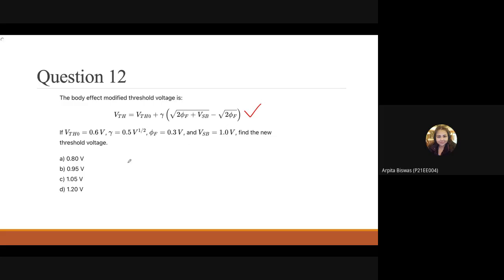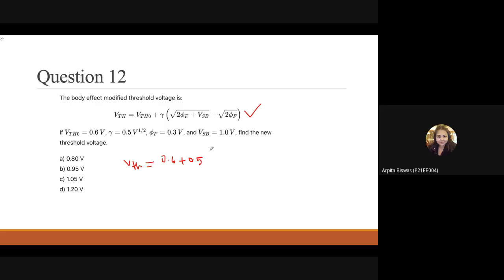Just check the calculation. I'm writing the equation here. This VTH I have to find out. VTH0 is given, which is 0.6. Ma'am, I also get the value 0.84, ma'am. 0.84, yes.